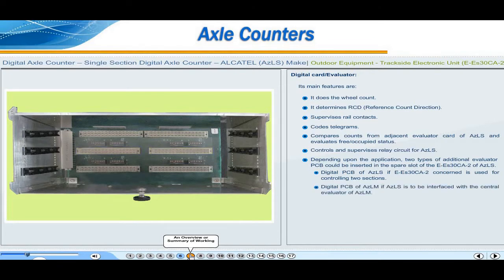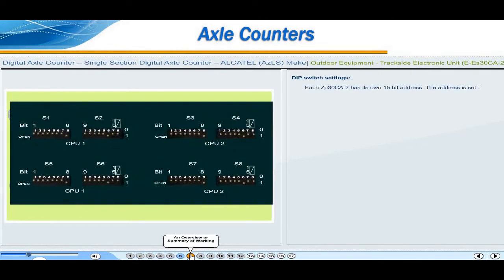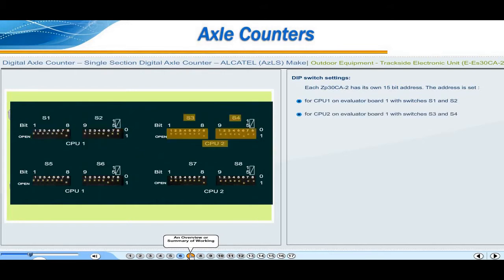Digital PCB of AZLM if AZLS is to be interfaced with the central evaluator of AZLM. Dip switch settings. Each EES30CA2 has its own 15-bit address. The address is set for CPU 1 on evaluator board 1 with switches S1 and S2, and for CPU 2 on evaluator board 1 with switches S3 and S4.